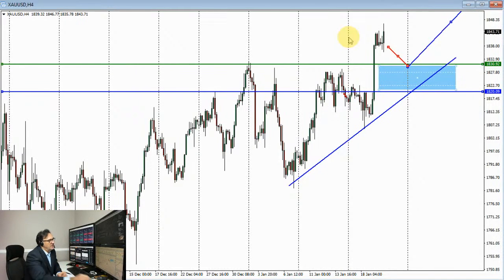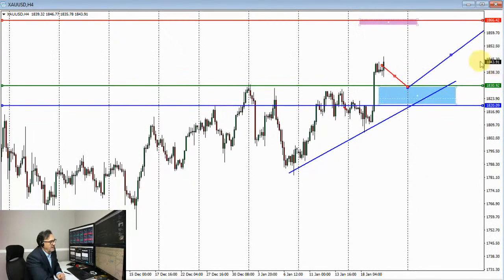Okay, so what I'm looking for in gold is a possible pullback to 1830, and then a nice reversal from there higher, therefore continuation of this trend towards 1860, 1865, 1875 on the upside.